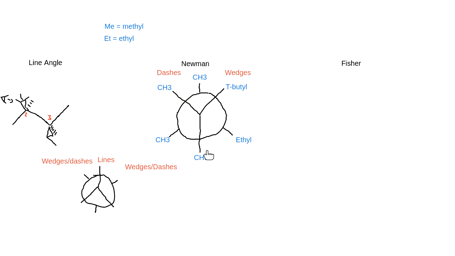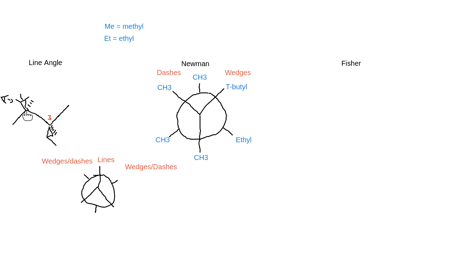Does anyone have any questions on this specific example? I'll go over the different types of Newman projections, like anti, staggered, and gauche, but for now, anyone have any questions? Someone said, where is the t-butyl on the line angle? The tert-butyl is right here. It's kind of hard to tell because of the wedges and dashes, but it's this one right here.